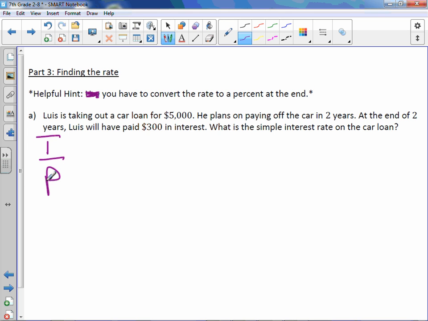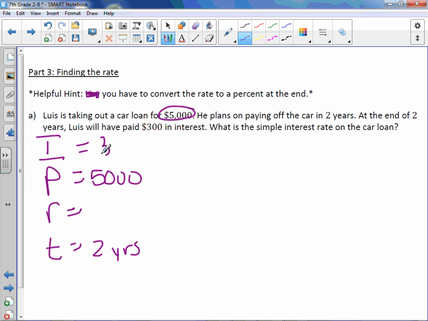I, P, R, T. Lewis is taking on a car loan for $5,000. That is the principal. He plans on paying off the car in 2 years. At the end of 2 years, Lewis would have paid $300 in interest.